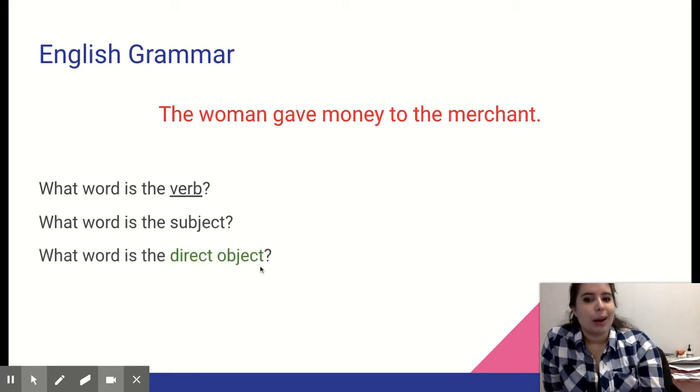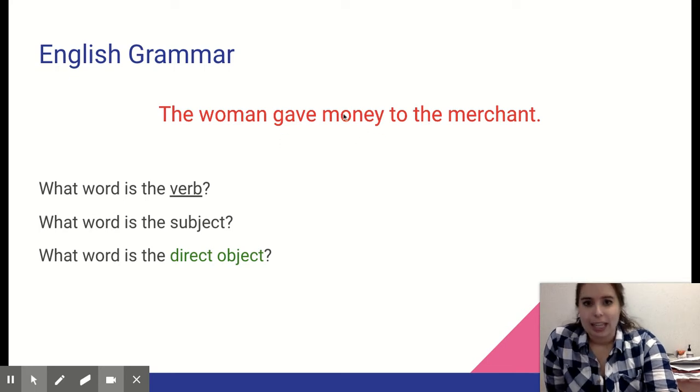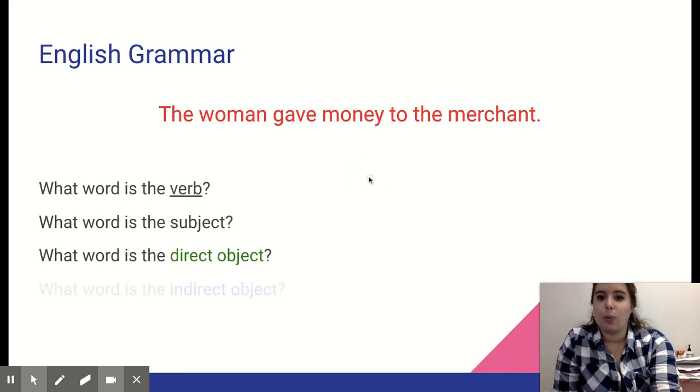And then which word is our direct object? If you said money, you would be correct, right? Our direct object is the person or thing that is directly receiving the action of the verb. So the woman gave money. Money is the thing that is being given. And then what is our indirect object?